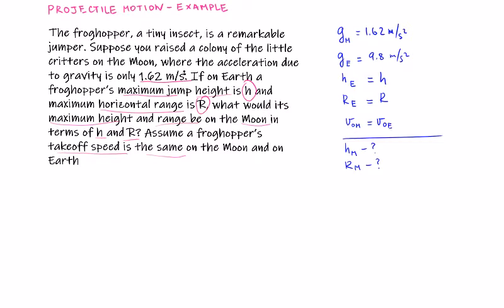Let's start from the first part, when we're solving for maximum height. So for that, let's picture the situation. Suppose this is the ground and the grasshopper is going to do the motion of a trajectory, go to the highest peak and then go down and hit the ground again.